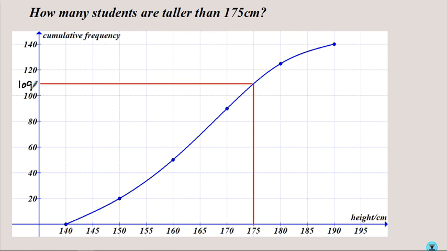However, the people taller than 175 are the people from 175 to 190. This corresponds to the people from person number 109 to the person whose number is 140. So this interval represents 140 minus 109, and that's 31 persons taller than 175.